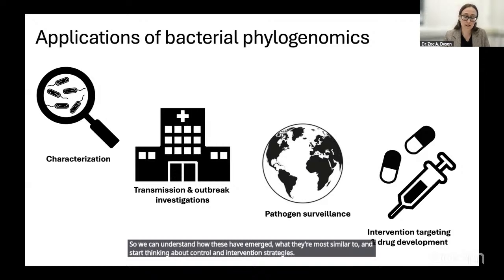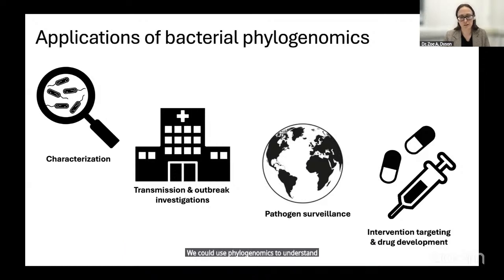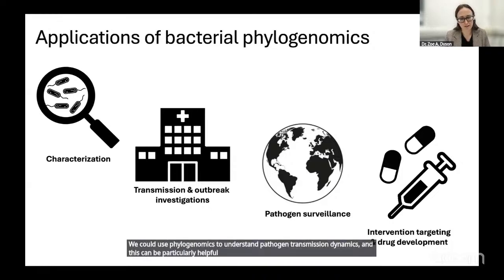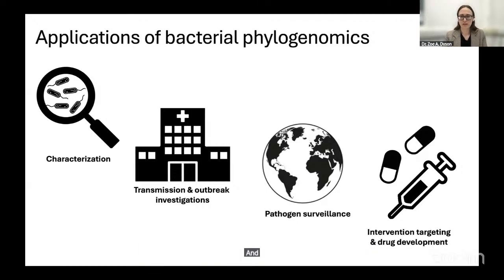We can use phylogenomics to understand pathogen transmission dynamics, and this can be particularly helpful in outbreak scenarios. And this can be done between different patient cohorts across different cities, regions, and different countries. And when we have a large bank of data, this can sometimes help us do pathogen surveillance at a global level as well.